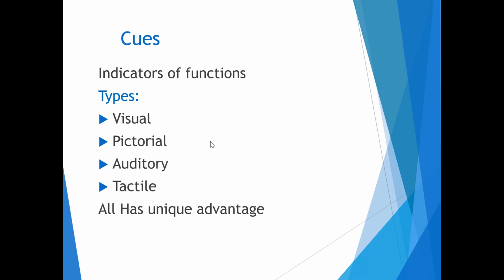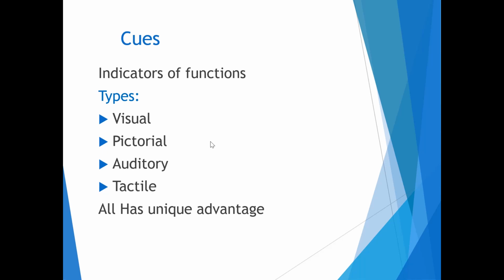Then for pictorial cues, you can see some standard symbols are used that already we have seen for the temperature, to give warnings, to indicate that a telephone or that facility is available, or for alarm or public addresses also.